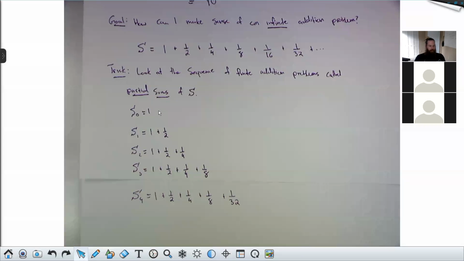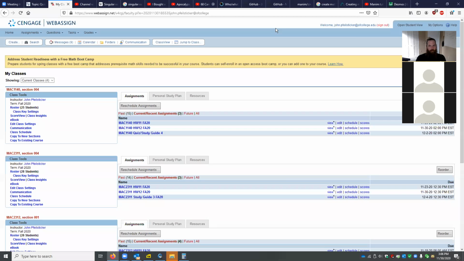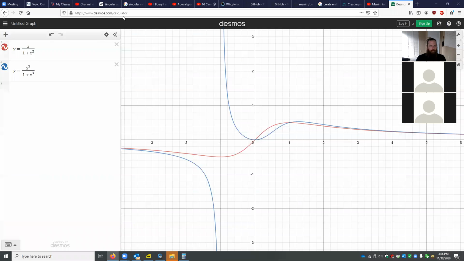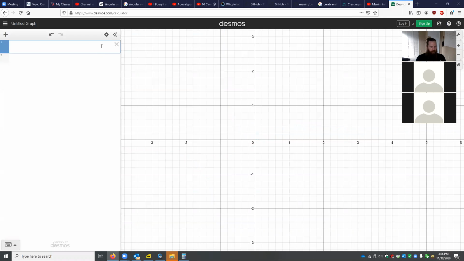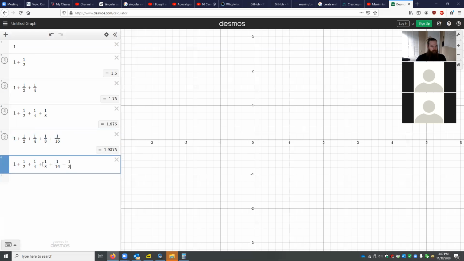Okay, so let's pull up some Desmos and help ourselves to a little bit of a calculator. So 1 plus 1/2, 1 plus 1/2 plus 1/4, 1 plus 1/2 plus 1/4 plus 1/8, 1 plus 1/2 plus 1/4 plus 1/8 plus 1/16, and that plus 1/32.